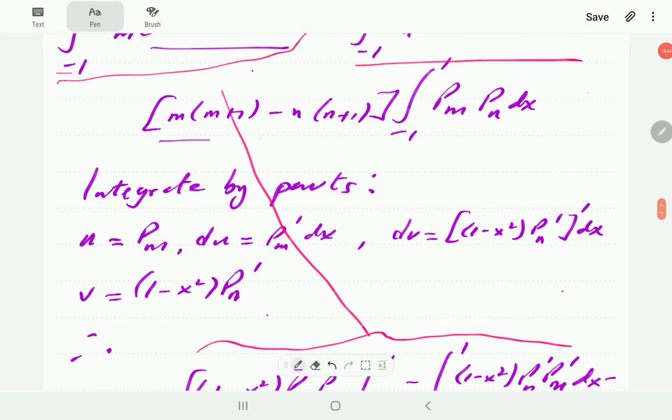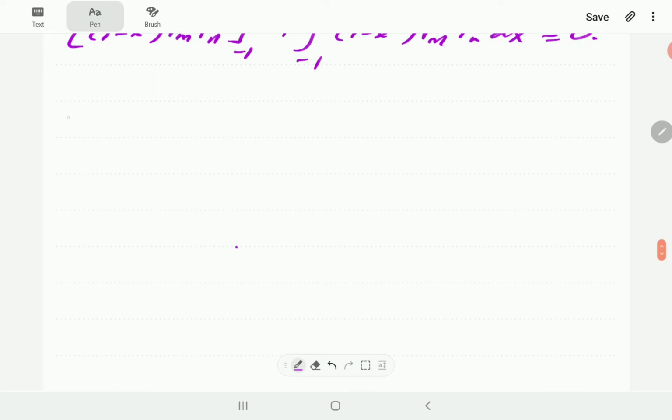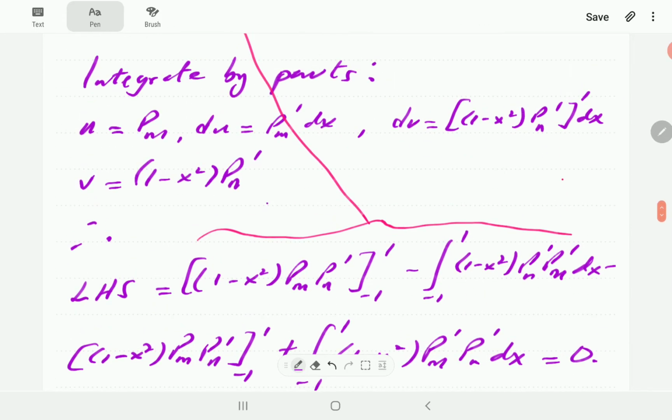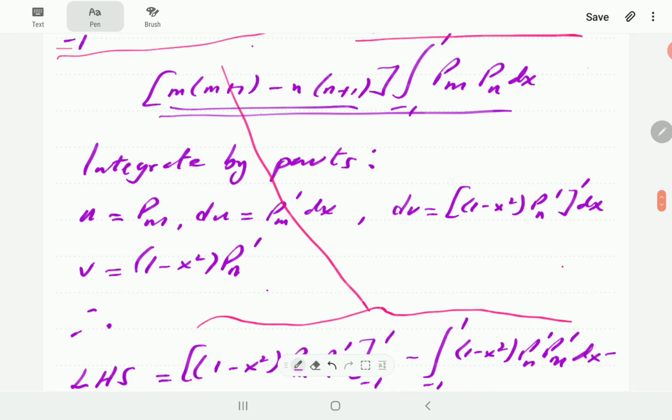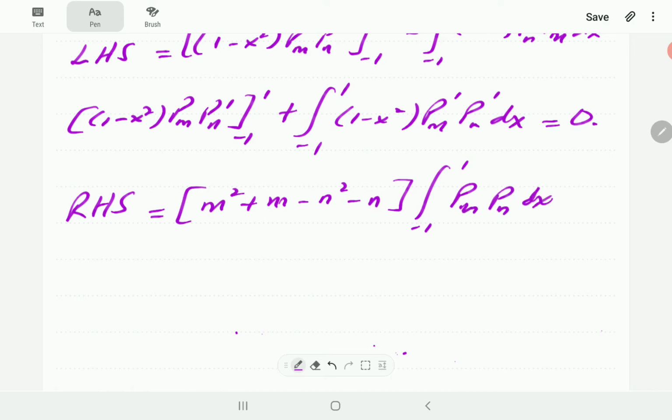So on the right hand side, this is the term we have. Let's just work that out. I'm going to remove the square brackets there. So that's going to be m squared plus m minus n squared minus n, into this integral here, Pn dx.